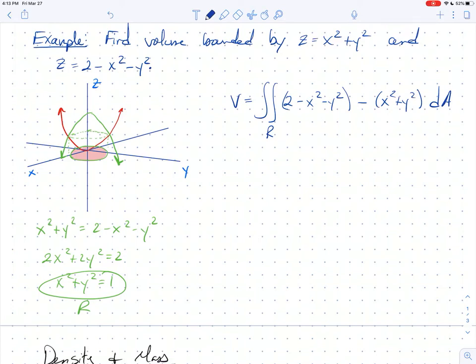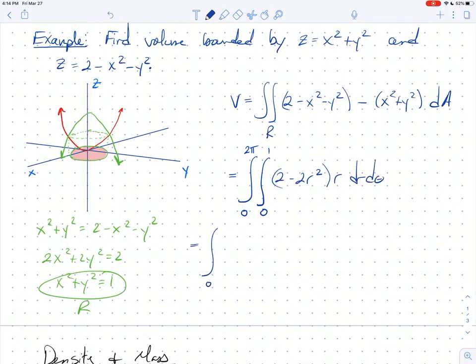I'm integrating over a circular region, so that suggests I might think about polar, and that's exactly what I'm going to do. Capturing our region R in polar is really easy. r goes from 0 to 1, theta goes from 0 to 2 pi. And x squared plus y squared is just r squared, so I get 2 minus r squared minus r squared, which is 2 minus 2r squared, times r dr d theta.